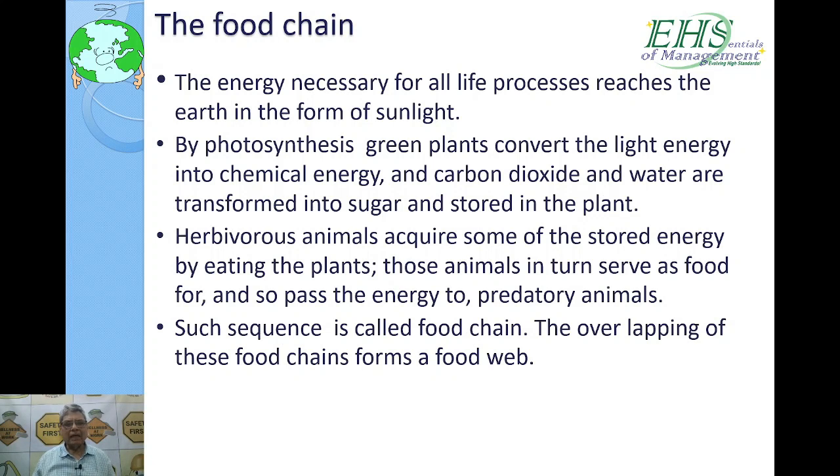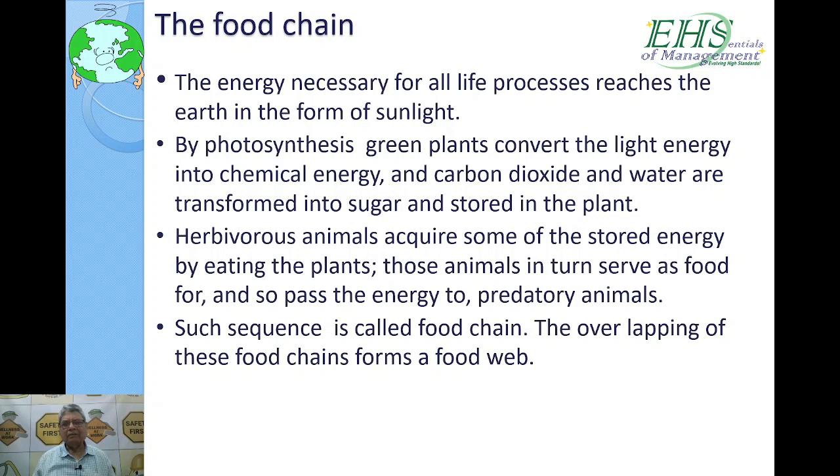Now, herbivorous means those animals who eat plants. So there are herbivorous animals, there are carnivorous animals like tiger and lion, and there are omnivorous animals which eat the plants as well as the animals, like human beings.